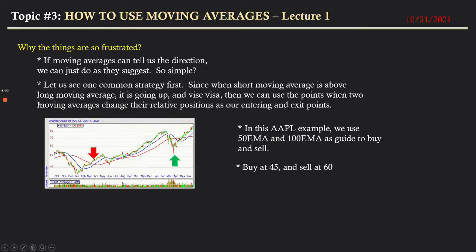So what you do is you buy at 45, and you roughly sell at 60. This is not too bad in this case because we get a profit. You can see we didn't sell at the very high range, so it kind of missed a lot here.